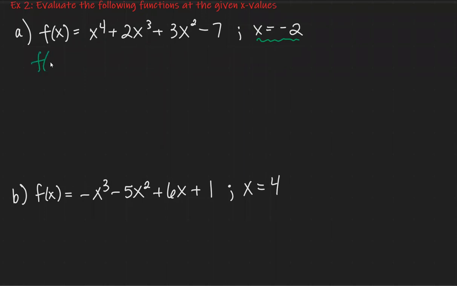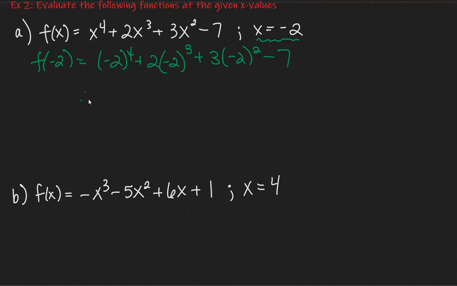So f of -2 is equal to -2 to the 4th plus 2 times negative 2 to the third power plus 3 times negative 2 to the second power minus 7. Okay, I would not advise you to put this all on your calculator at once. Go ahead and calculate each piece first.